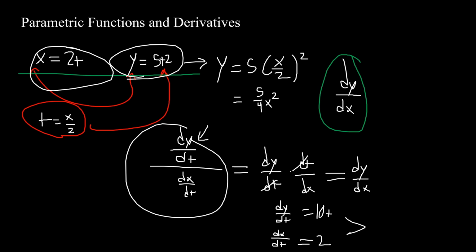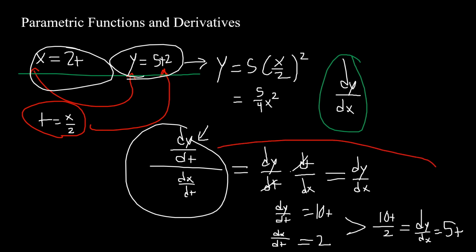So if we divide 10t by 2, then we get dy dx is equal to 5t. What just happened here was that we used taking the derivative of a function with respect to another to get that dy dx is equal to 5t.